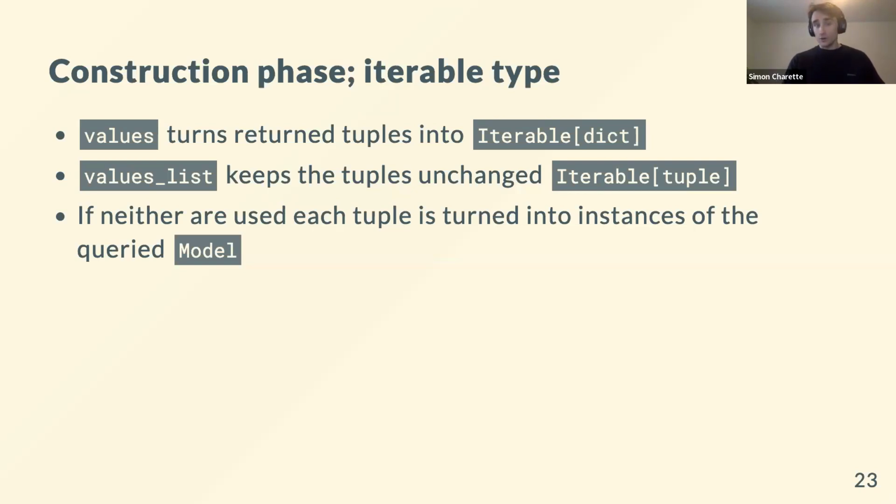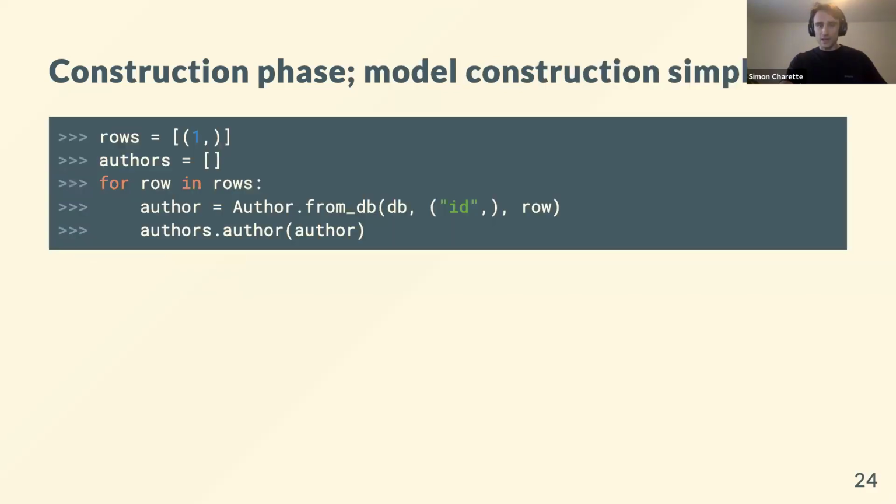Lastly, if neither is used, each tuple is turned into an instance of the queried model. So if you're querying for Author, we're going to be turning them into Author instances. A simplified example looks a bit like that. Model classes have a class method on them called from_db.